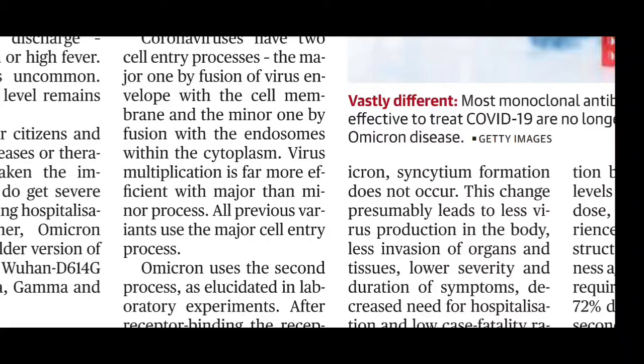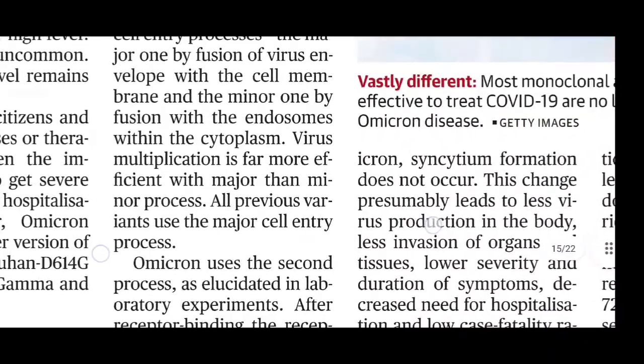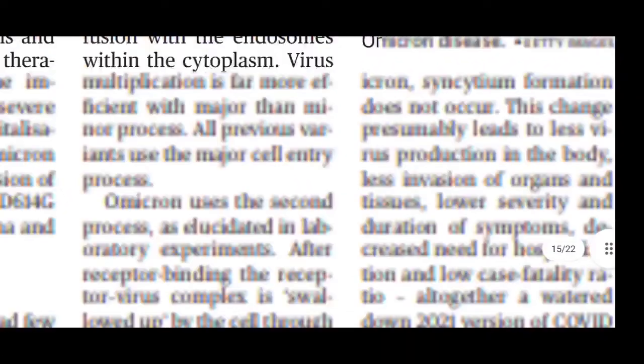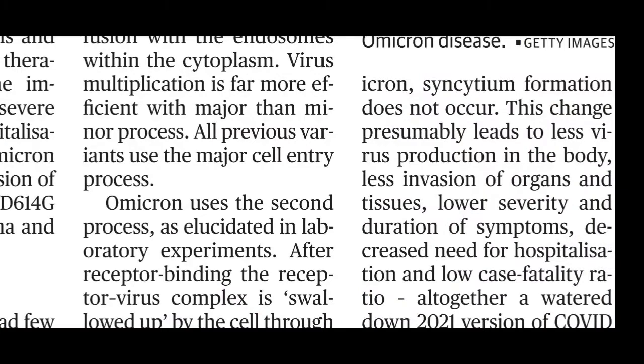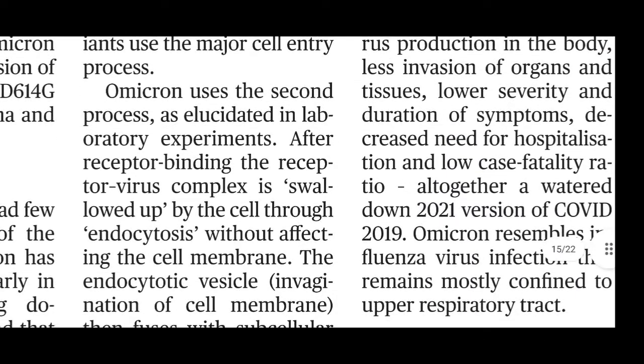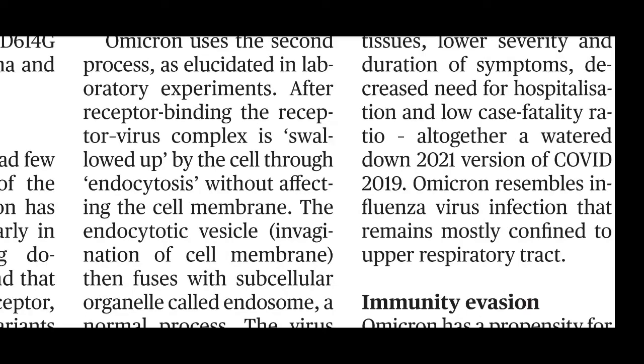Virus multiplication is far more efficient with major than minor process. All previous variants use the major cell entry process. Omicron uses the second process as elucidated in laboratory experiments.